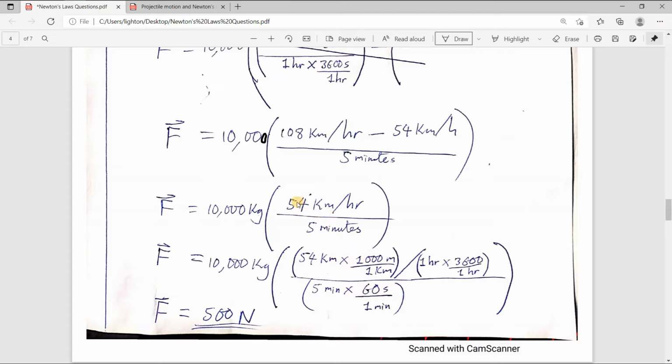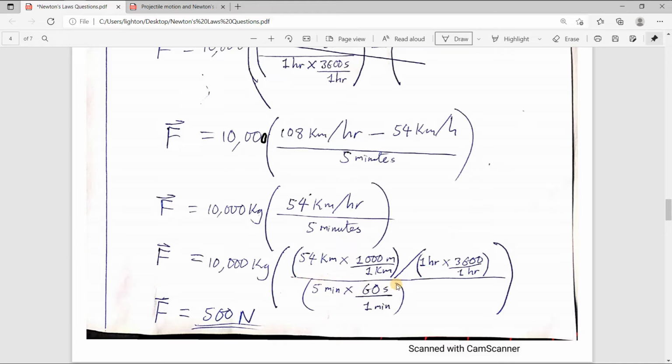I first converted the 54 kilometers by multiplying it by 1000 meters per kilometer, so that kilometer will cancel. Per hour is the 1 hour, which we convert by multiplying with 3,600 seconds per hour.